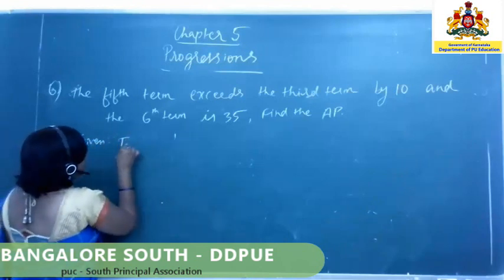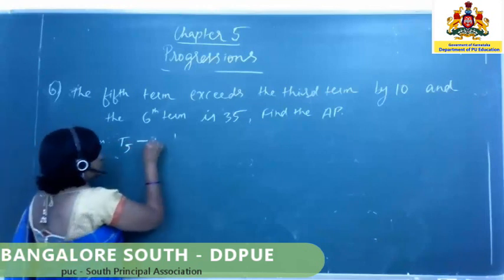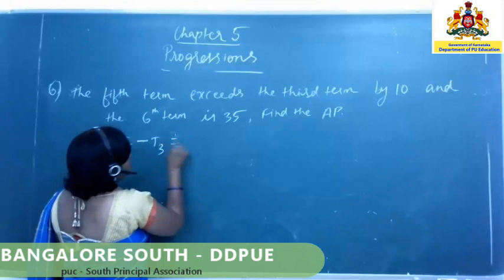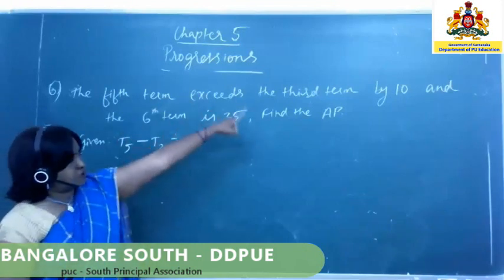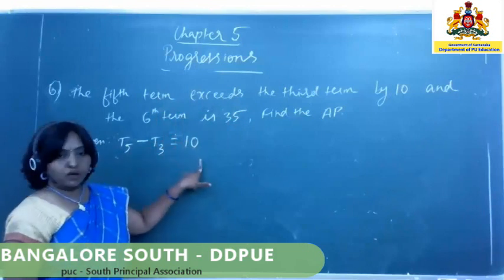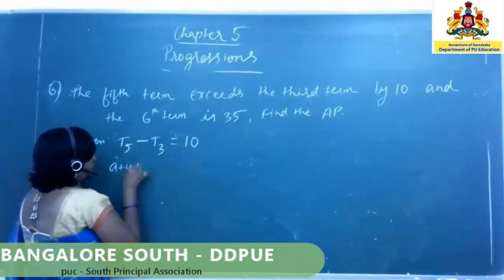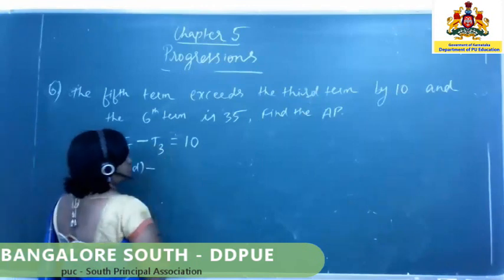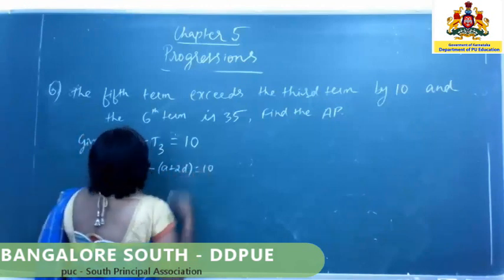Fifth term, that is T5, exceeds the third, that means T5 minus T3 is equal to 10. T5 is A plus 4D minus T3 is A plus 2D is equal to 10.